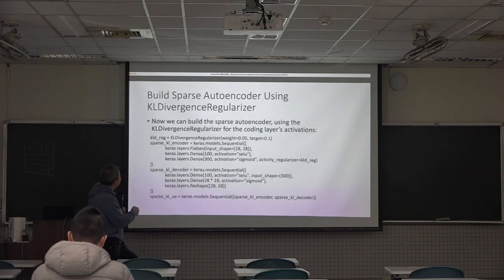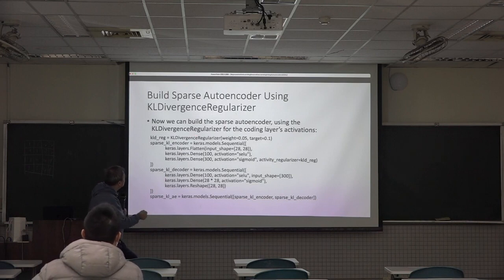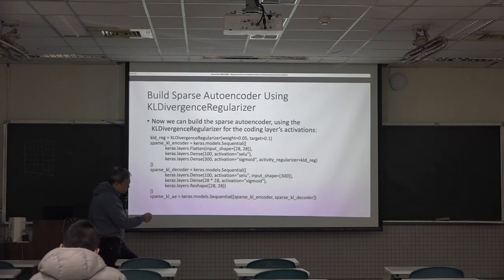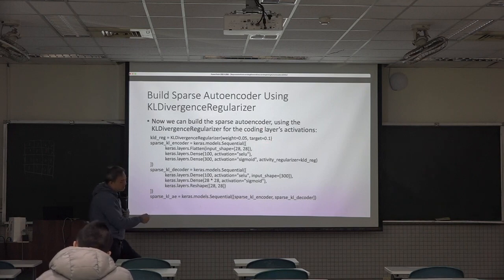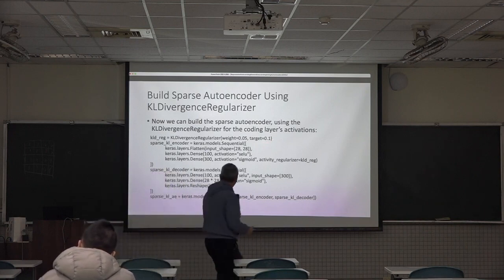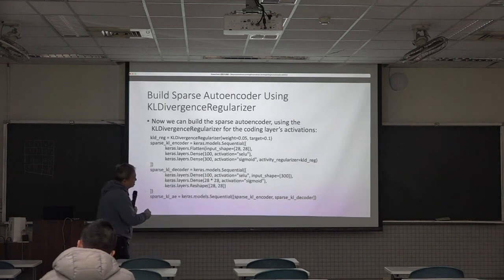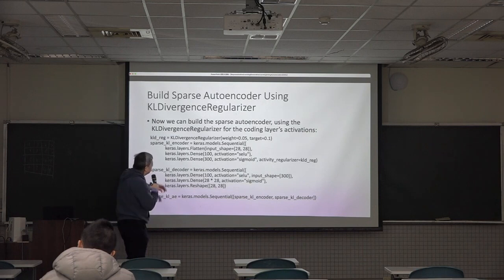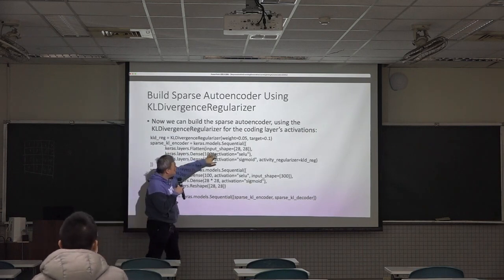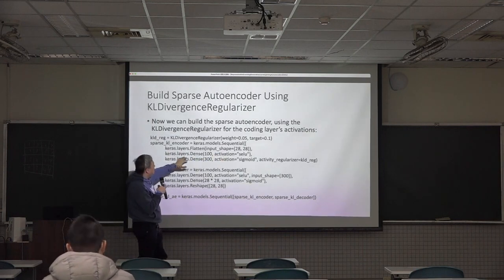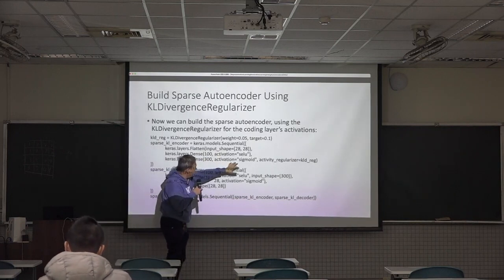Then we first create an object of this and we specify the KL divergence. The sparsity loss weight is 0.05. The target activation is 10%, 0.1. And again, this is Fashion MNIST, so you have input shape 28 by 28, and then 300 neurons with sigmoid activation.